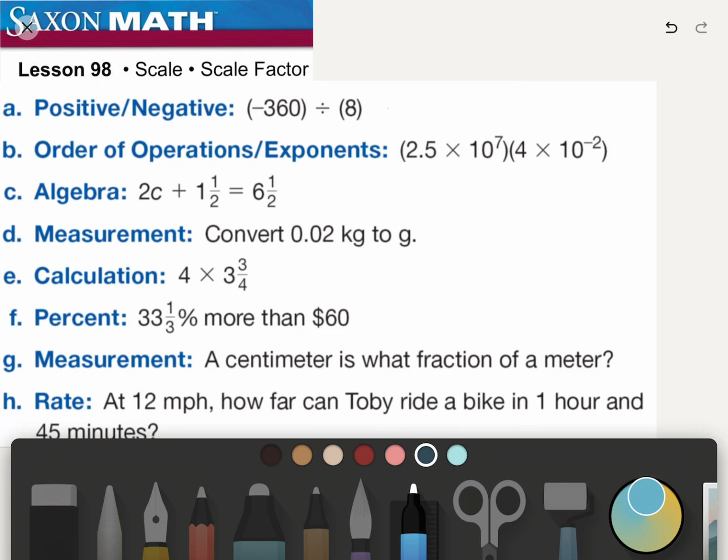Okay, so looking at our mental math, we can look at negative 360 divided by 8.